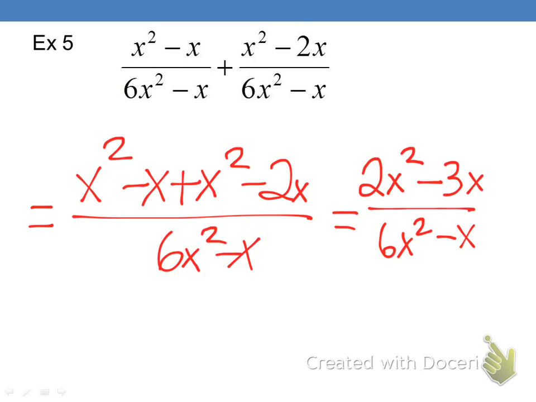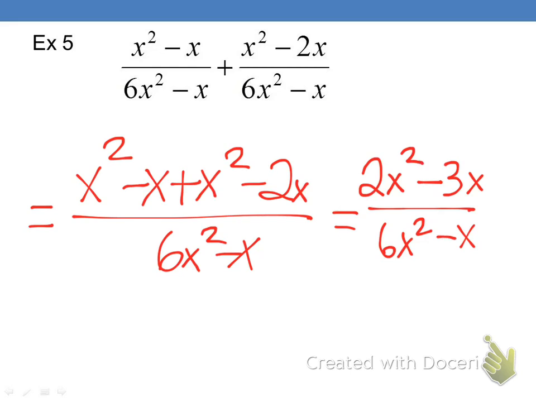All right, what next? Can you simplify the 2x squared and the 6x squared? Can I simplify terms like that?